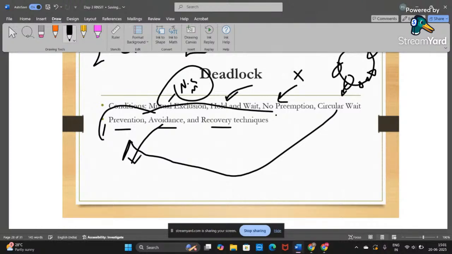It examines the resource allocation and always ensures the system is in a safe state. Safe state means there exists at least one safe sequence of process execution.